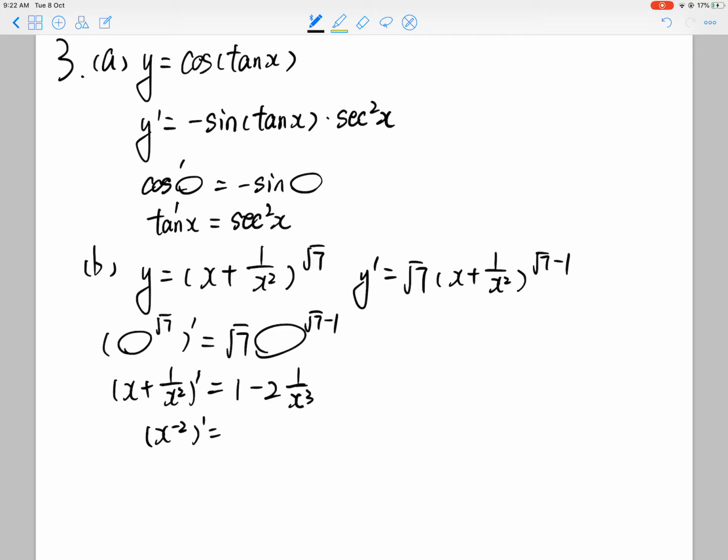So you multiply this here, 1 minus 2 over x cubed. Together, this product is the derivative of y.